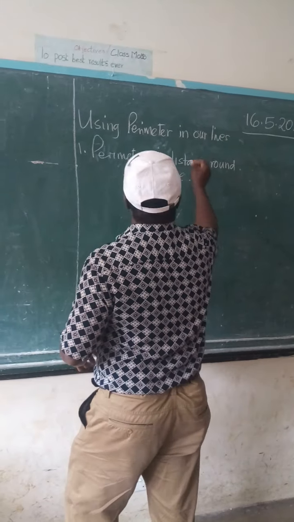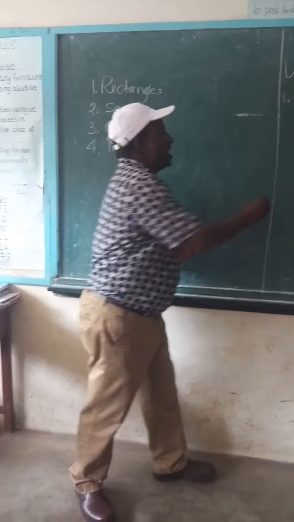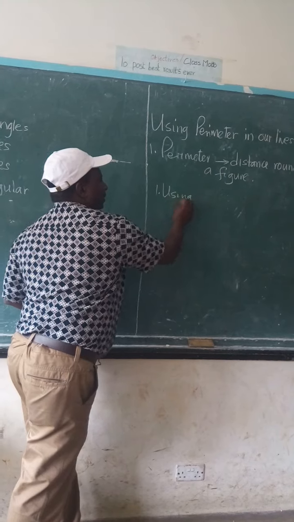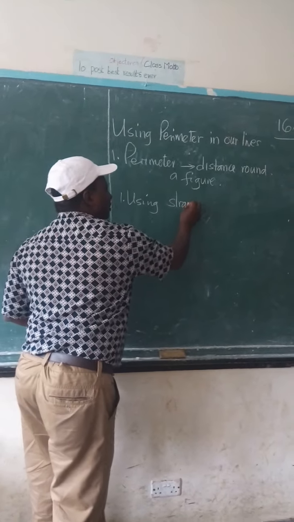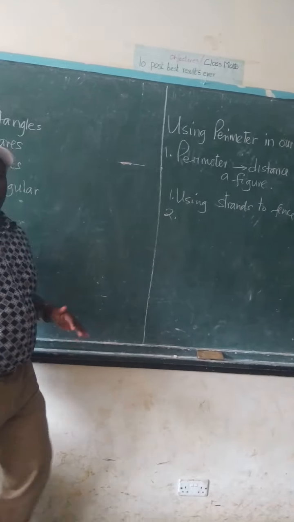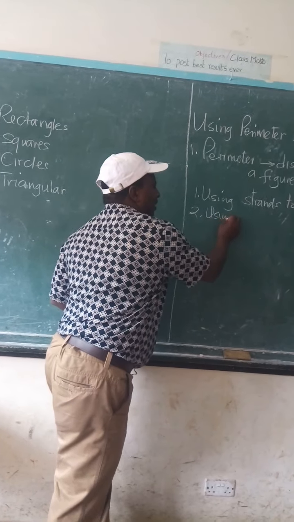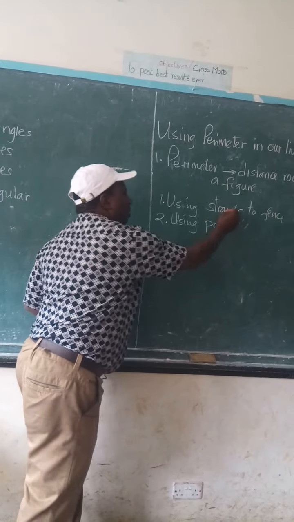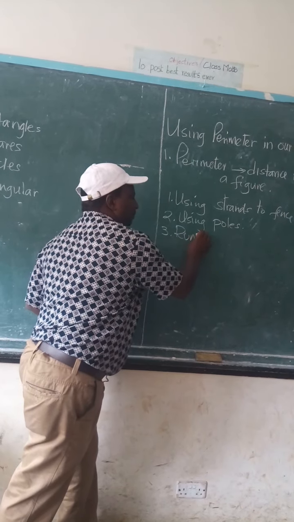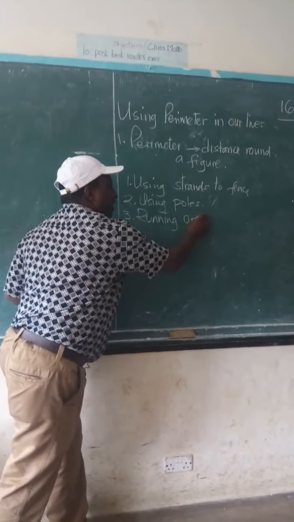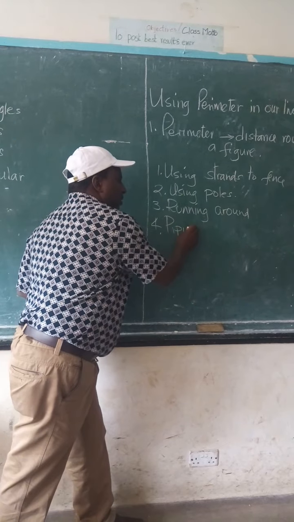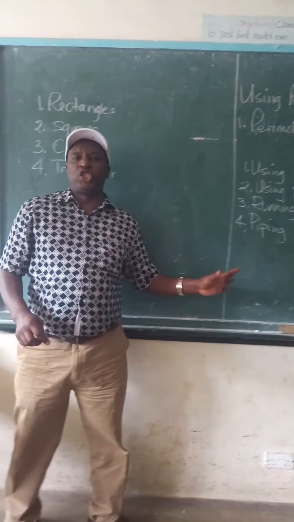So for us to be able to use perimeter, it could be one, using strands to fence, two, using poles, three, running around, and four, probably piping to take water from one end to another.